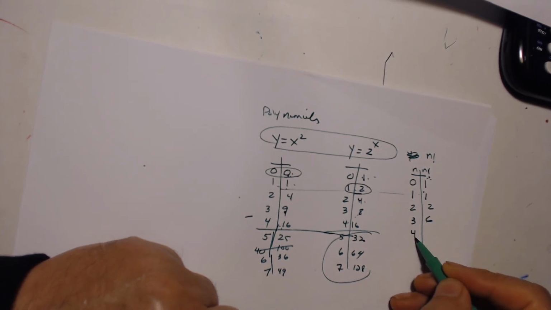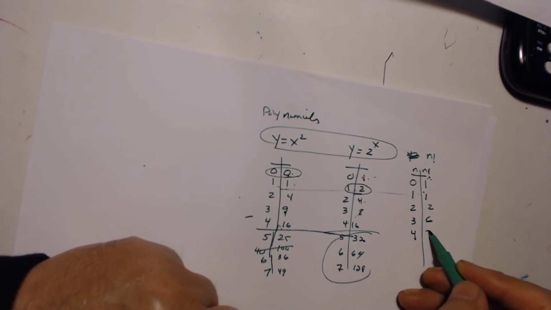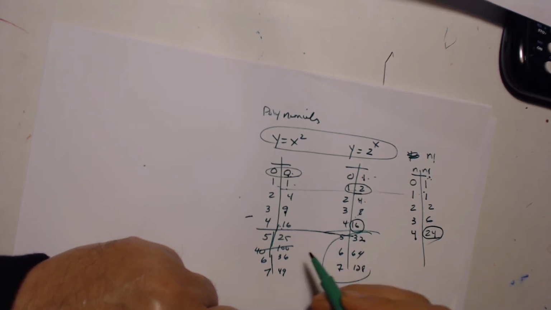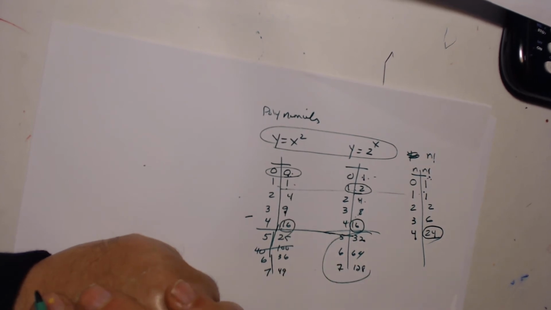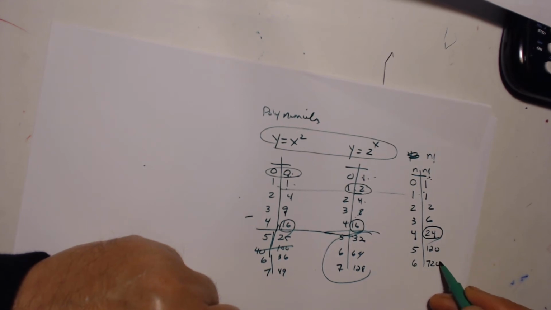With 4, oh, 1 times 2 times 3 times 4 is 24. When it's 4, I think factorial is going to win. 5 gives 120. 6 gives 720. For 7, you have to multiply by 7, which is almost 5,000.